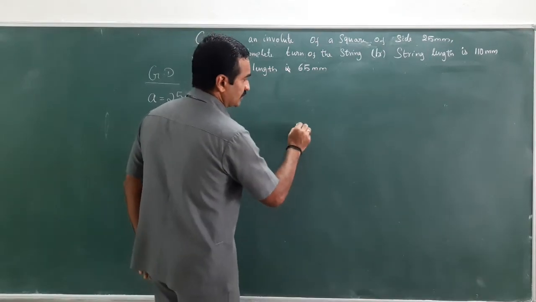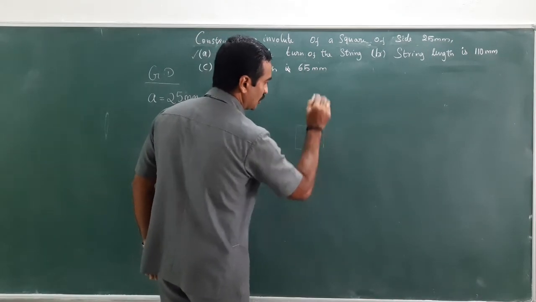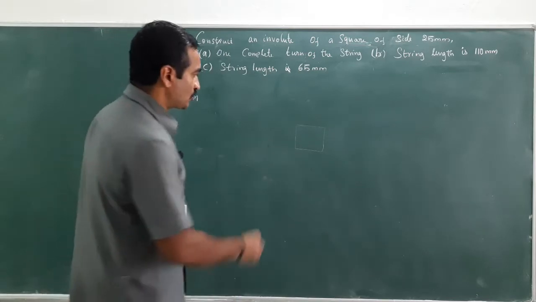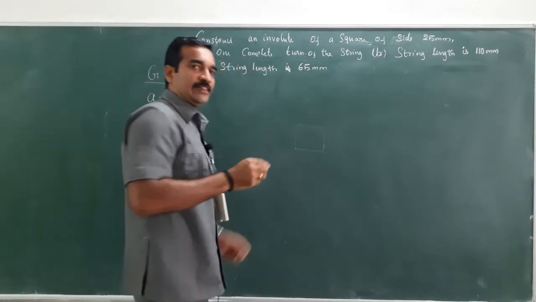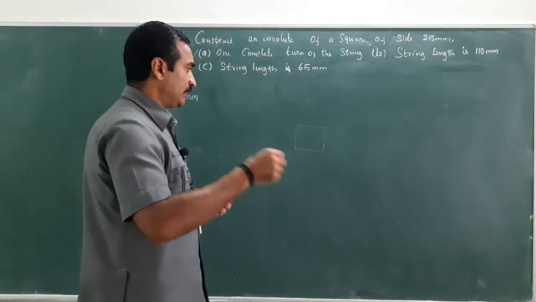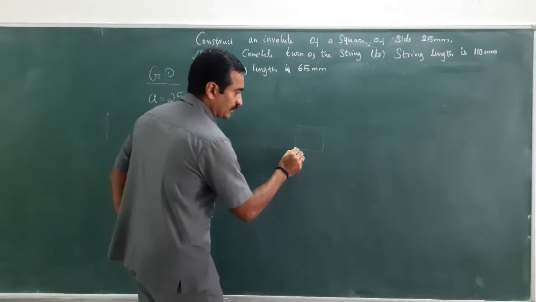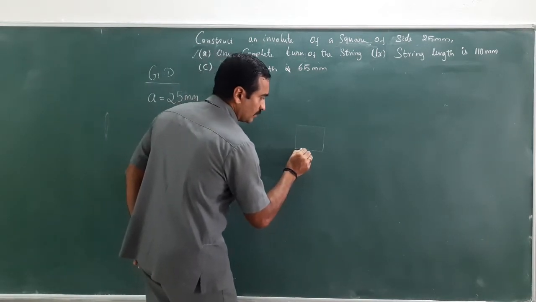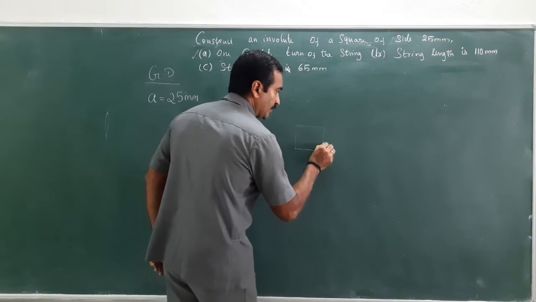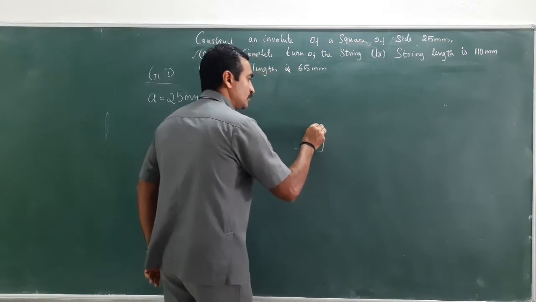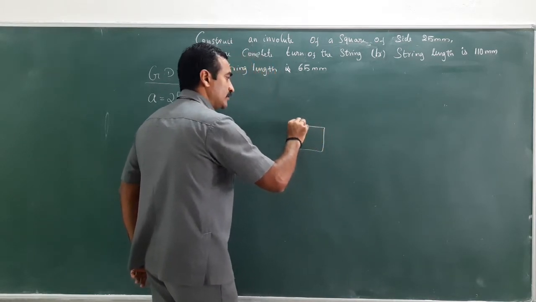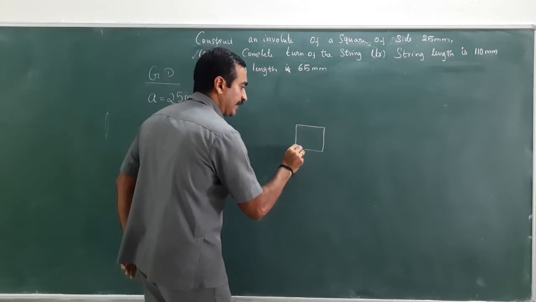Suppose this is a square. I start winding the thread or twine from here, winding it on the periphery of the square and ending up where I started.